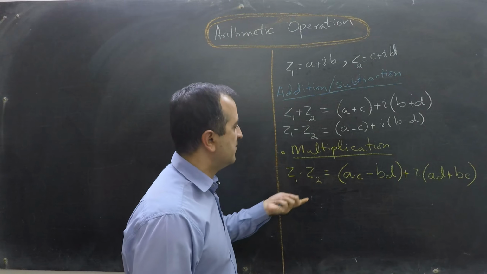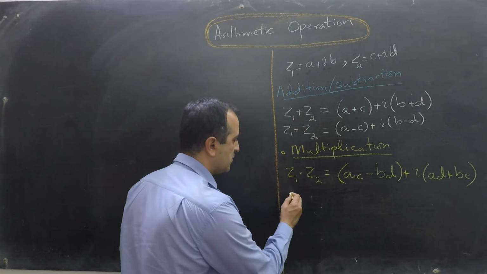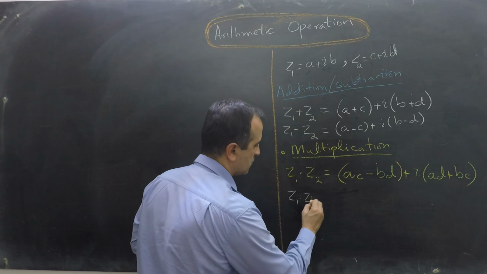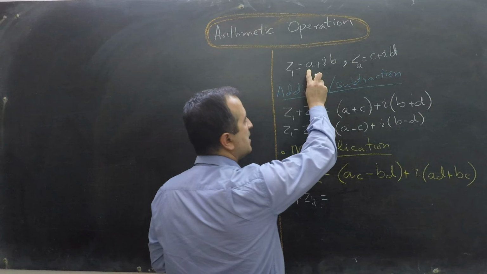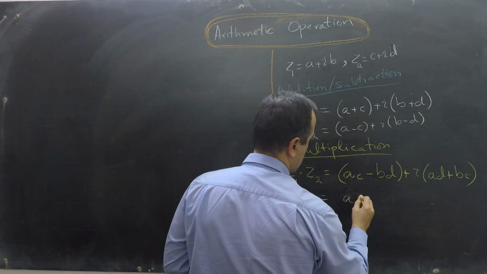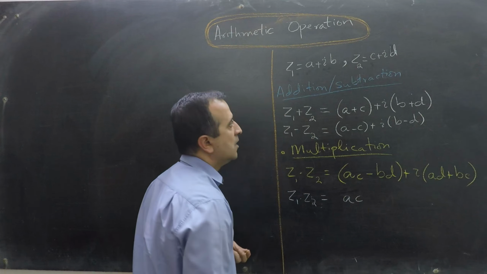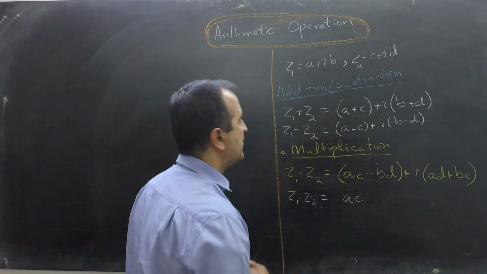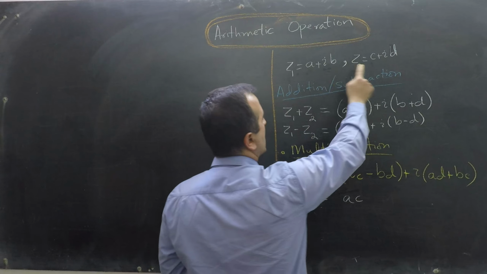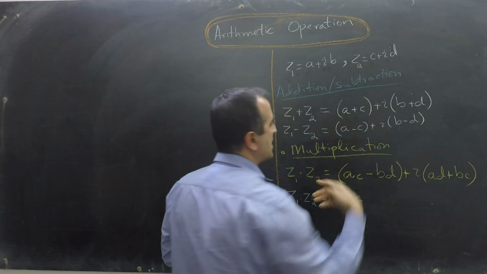So let's verify. I have to multiply z1 with z2. To that end, I will multiply a with c. So this will be ac. Now I have to find my other real term. If I multiply a with iota d, it will be an imaginary term.